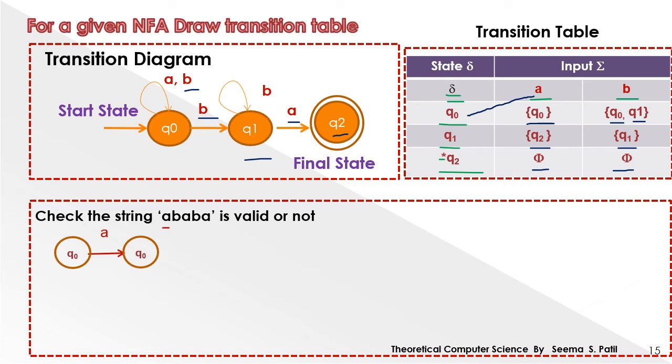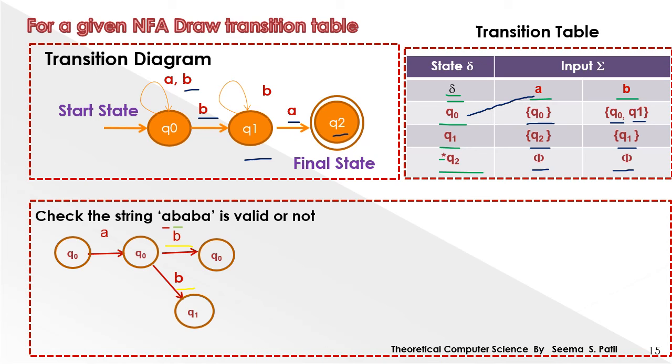Next you want B. There are two ways for getting B, from Q0 to Q0 and from Q0 to Q1. Right here B. There are two ways.